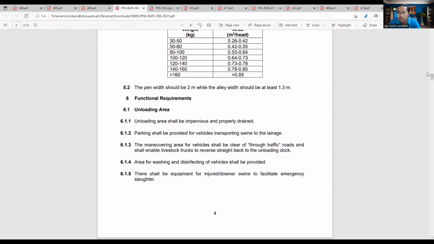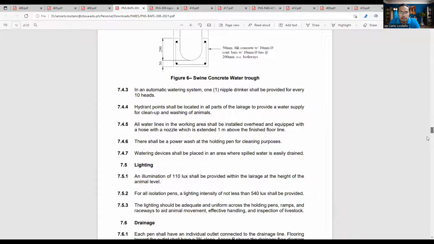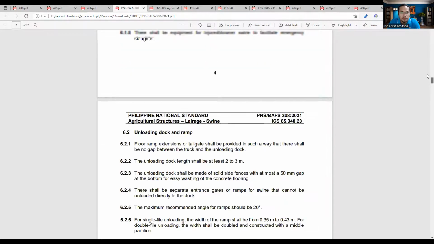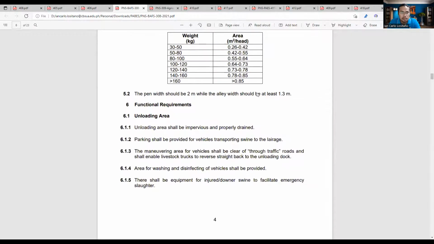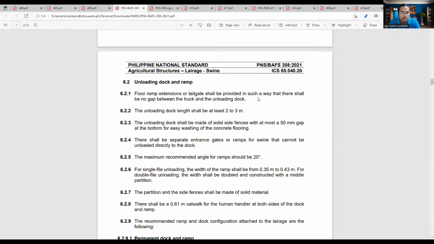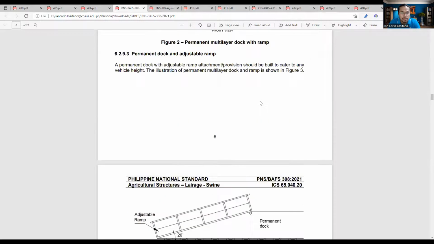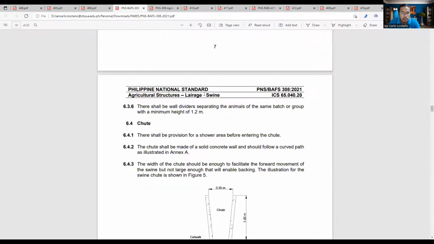Now, for the parts of the structure, you have there the unloading area, sorry, the loading area, right? The dock and ramp, and then you have the pens and the alleys to contain the animals while they're waiting for slaughter.